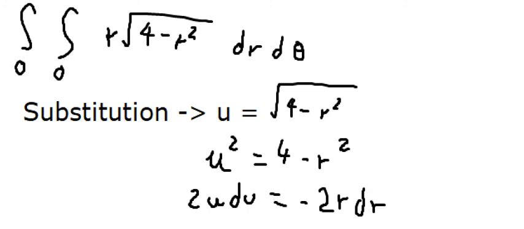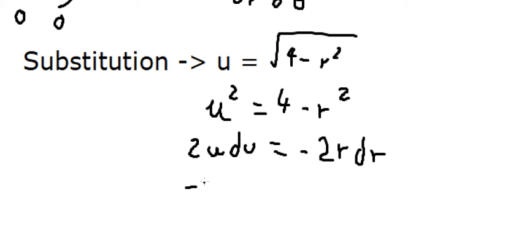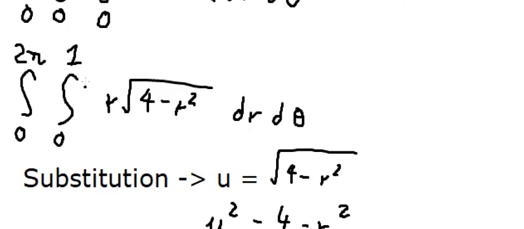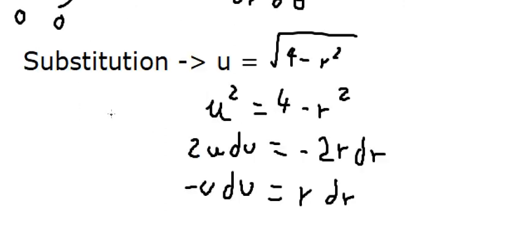Later that we divide both sides by negative 2. And now we need to change the boundary in here.